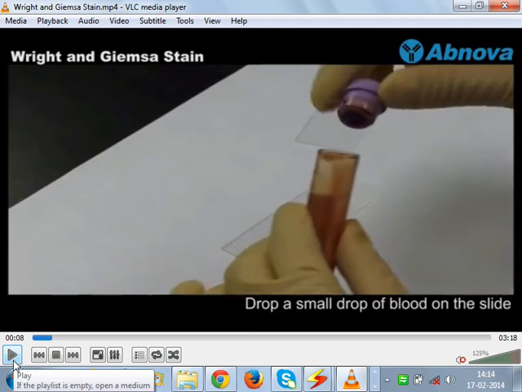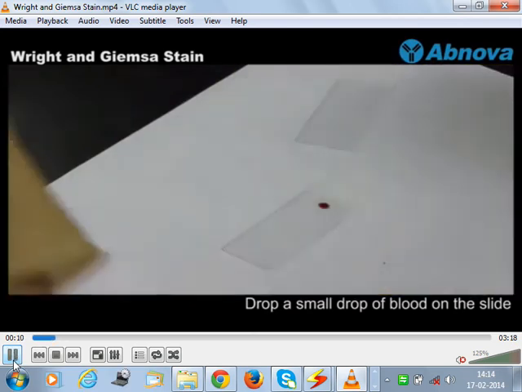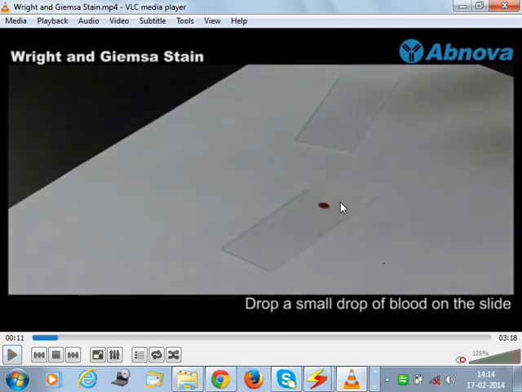So what I want you to observe here is the size of the blood drop. This is the first and foremost mistake students do. Please note where they are keeping the blood drop. On a slide.